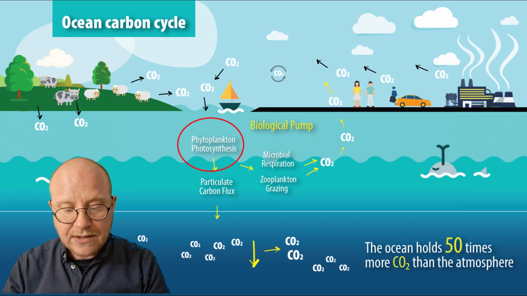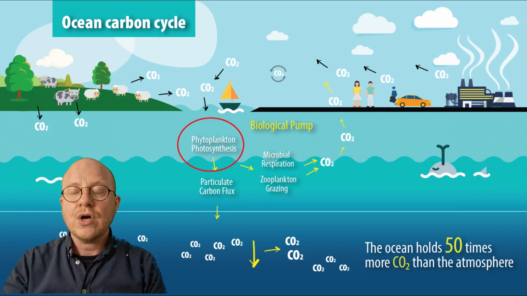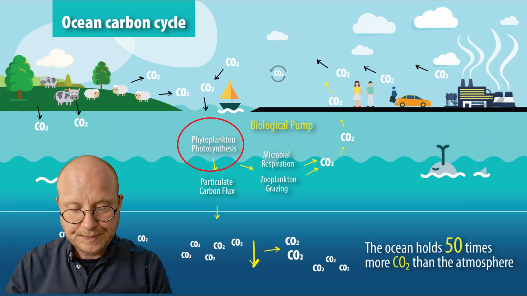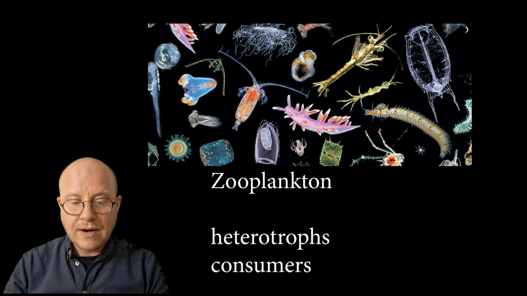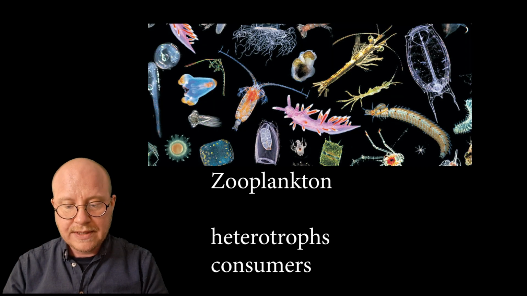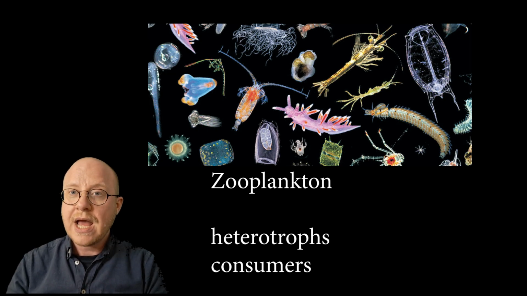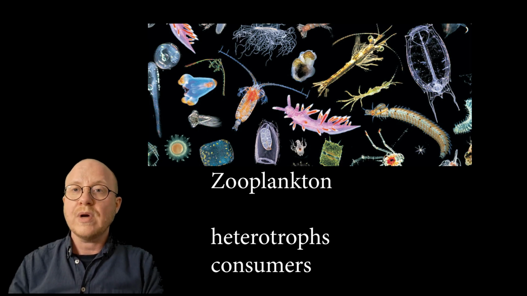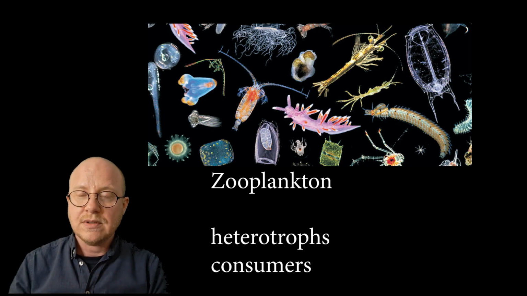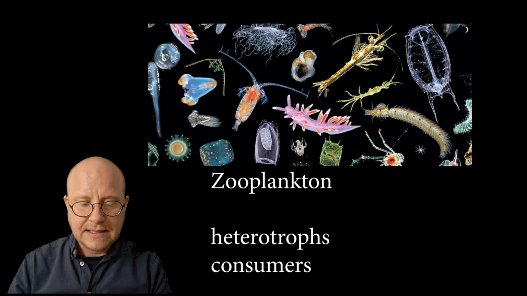They are also a vital component of the Earth's carbon cycle. Some plankton are heterotrophs and feed on other plankton or detritus. These are consumers and are known as zooplankton. Zoo kind of just means animal, the way phyto kind of means plant.